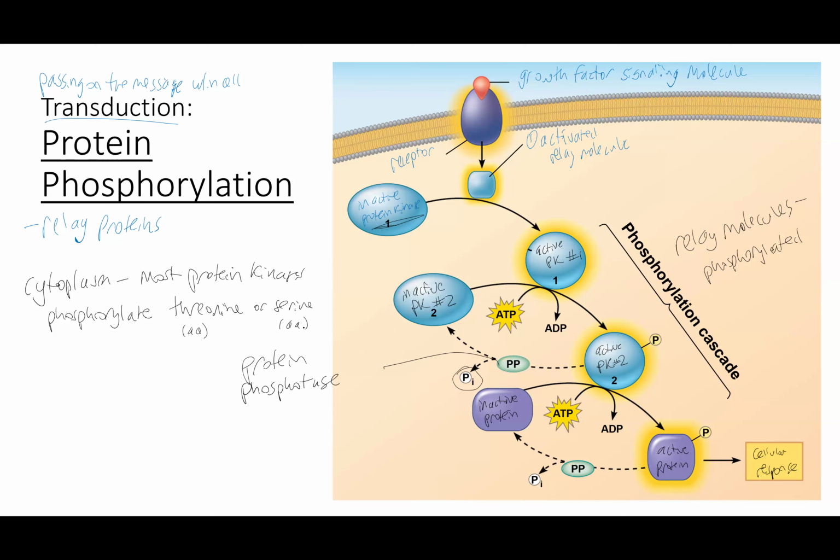So we activate the relay proteins by adding a phosphate group, and then we inactivate them by taking off the phosphate group. And again, it's called a cascade because one acts on another, which acts on another, which acts on another. And again, this can be longer, they can be shorter.